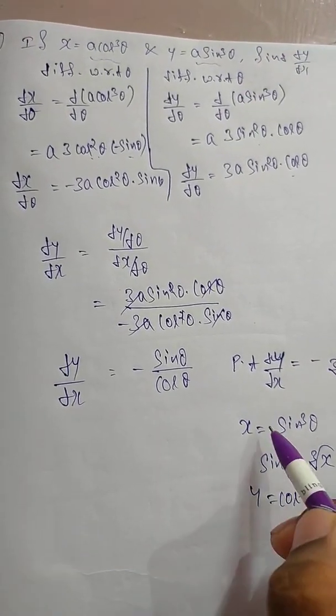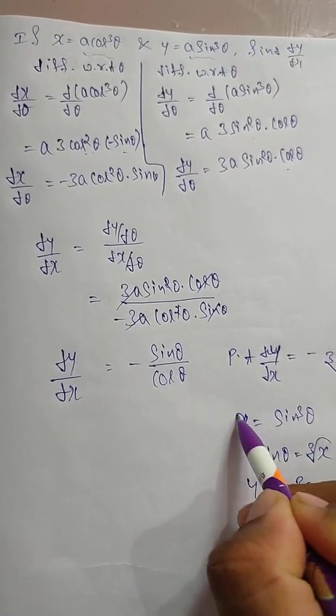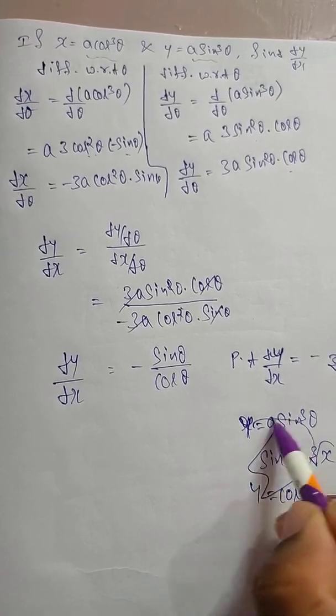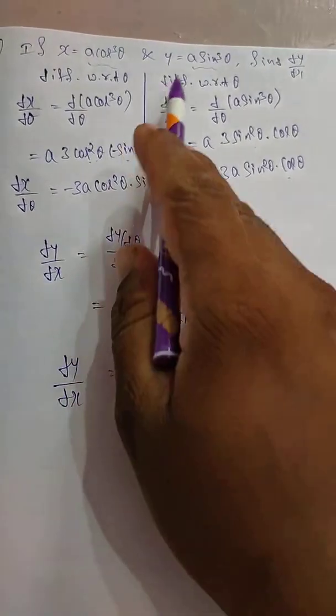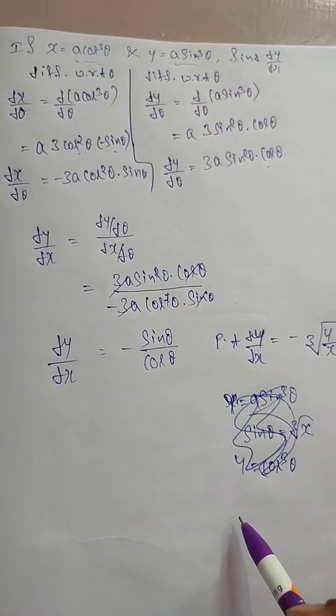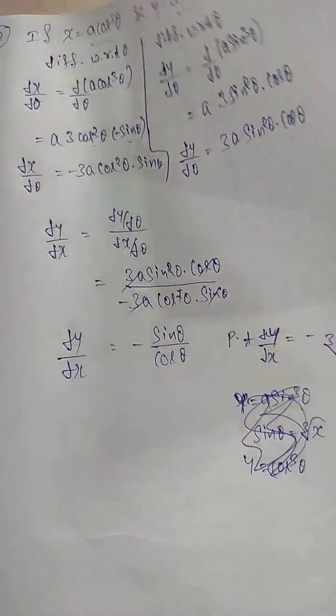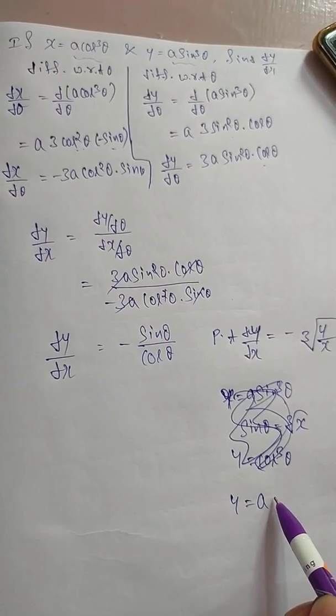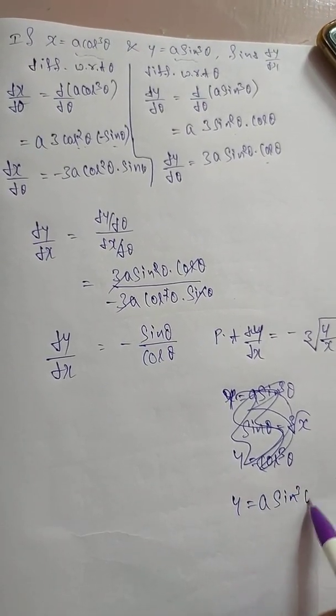Sorry, this is y actually. Y is equal to a sin cube theta. So what they gave? Y is equal to a sin cube theta. Is it clear?